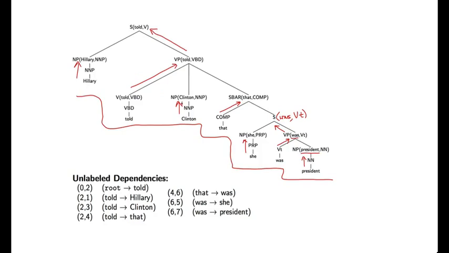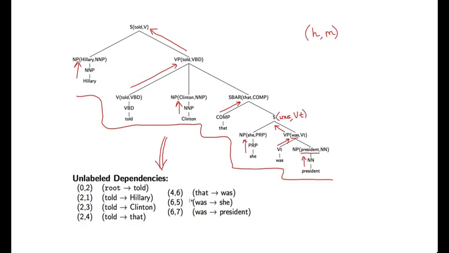But it also opens up the chance of taking these tree structures and converting them to dependency structures. So remember, each dependency can be represented as a pair, H M, where H is the index of a head word and M is the index of a modifier word. And so in this particular case, this example tree is going to be converted to the following set of dependencies.